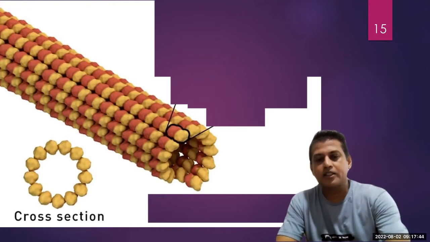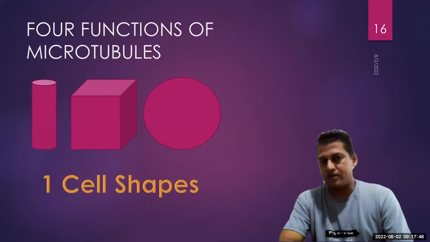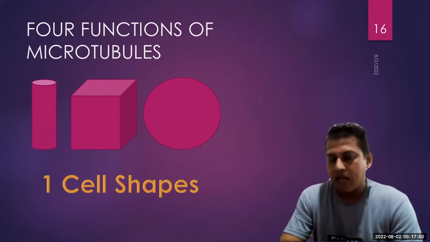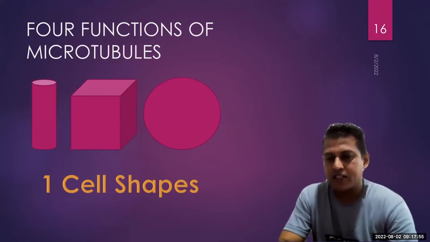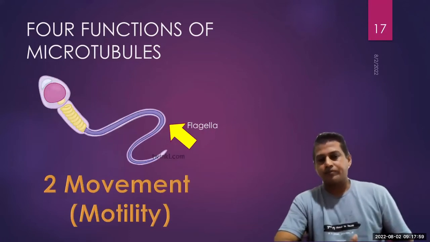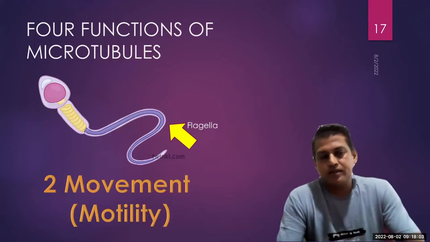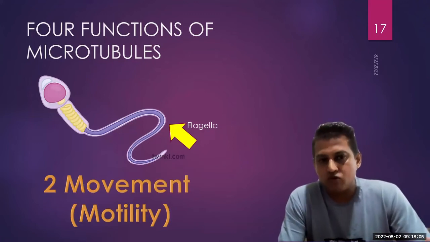Okay, let's check the functions of microtubules one by one. Microtubules have 4 functions. The common function is cell shape for all, right? Then the next thing, cells can move. Not all cells, some cells can move.